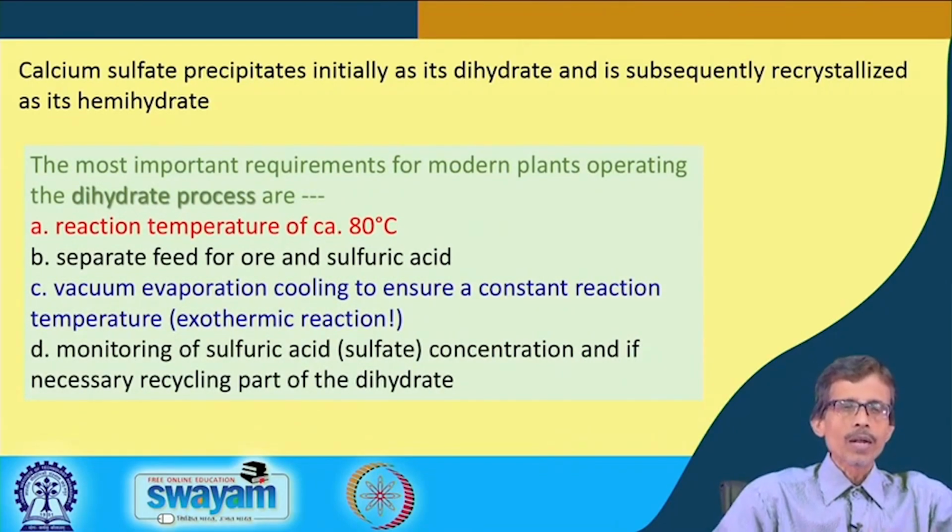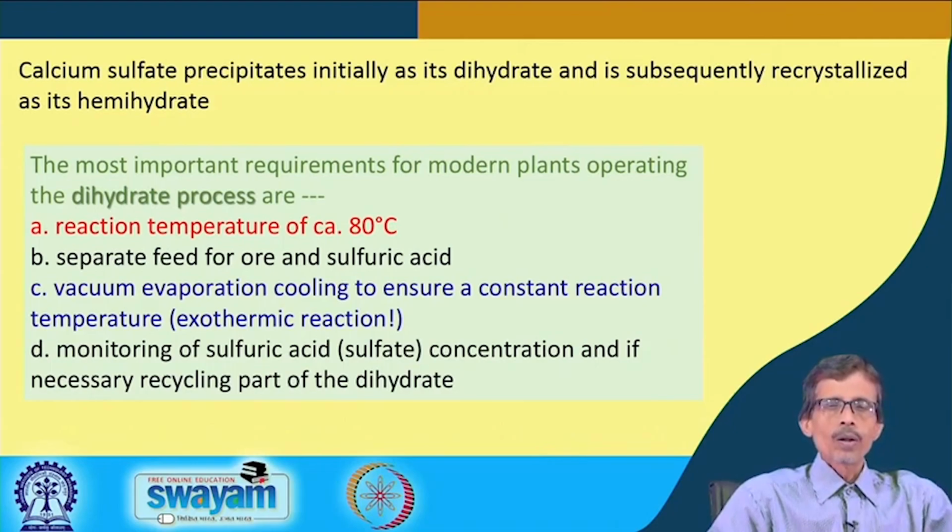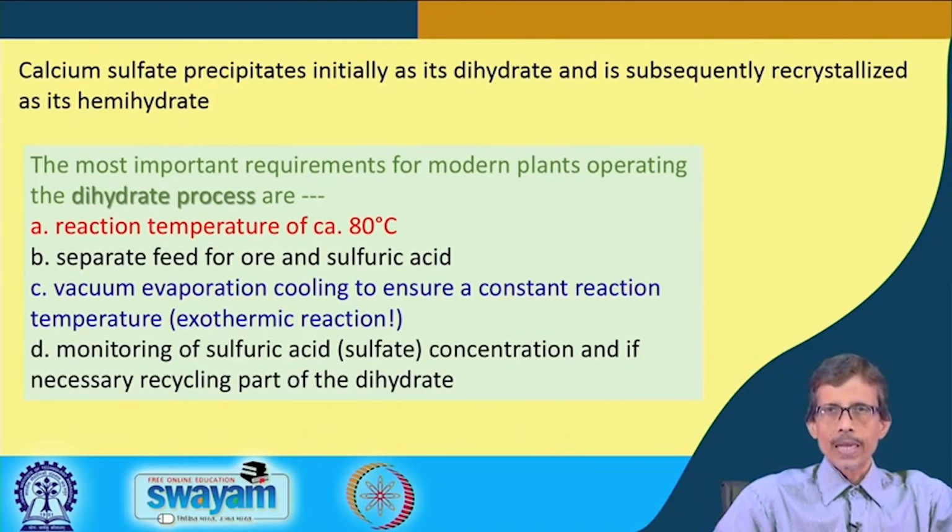And for this particular reaction, for running a modern plant, basically what we are seeing now is that you can have a typical plant where the industrial process can happen, and industrially we can produce this by operating the corresponding dihydrate process.